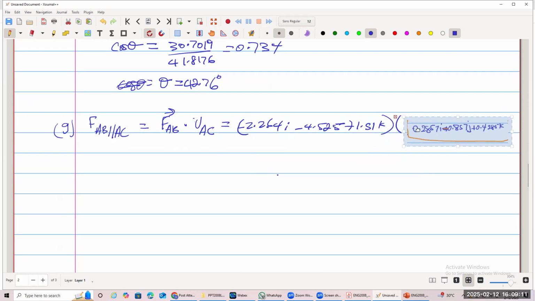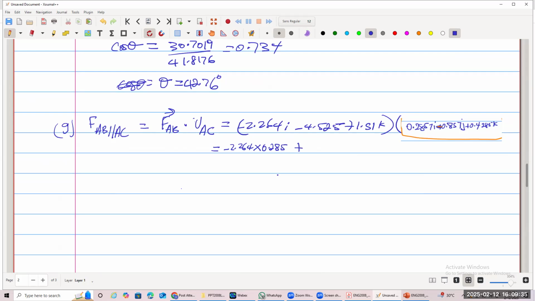All right, so you put it right here, and now what you do, you're going to dot them. You'll be getting minus 2.264 times 0.285, so those two together are the i.